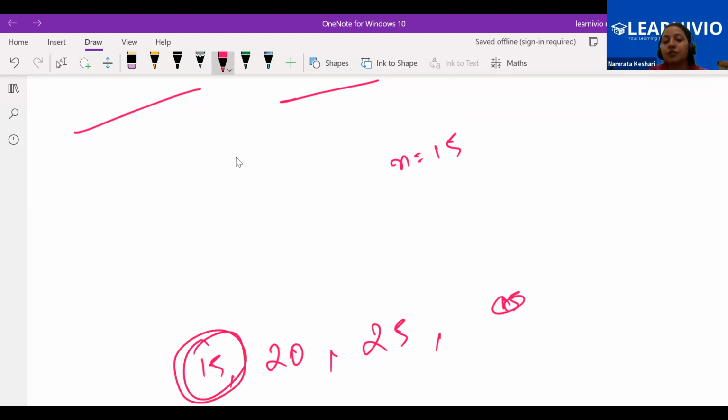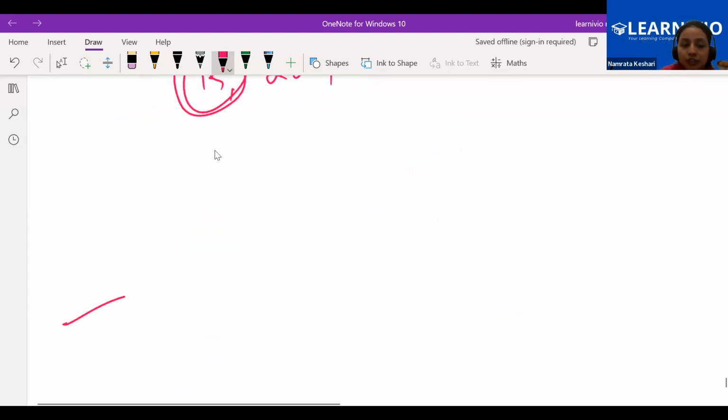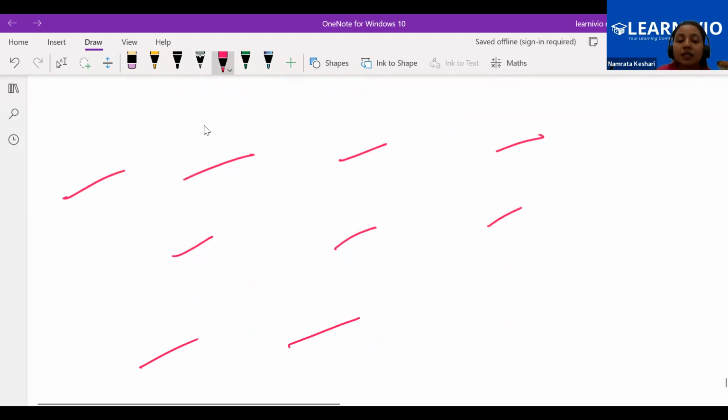N is equals to 15 means we are talking about the 15th term. 15th term, like first term, second term, third term, fourth term, fifth term, sixth term, seventh term, like this. 8, 9, 10, 11, 12, 13, 14, 15. We are talking about this 15th place, 15th term.